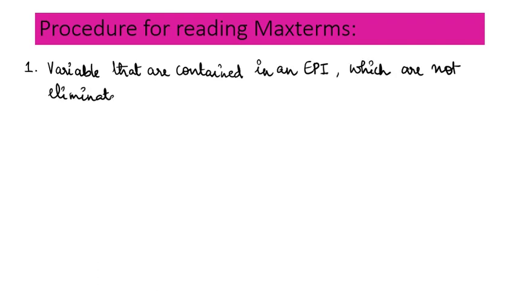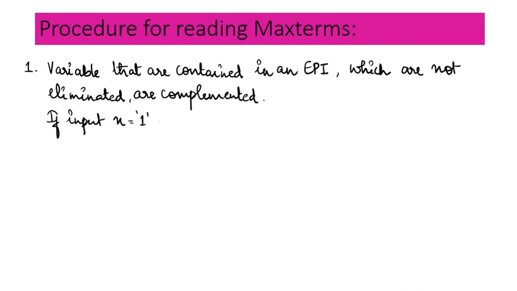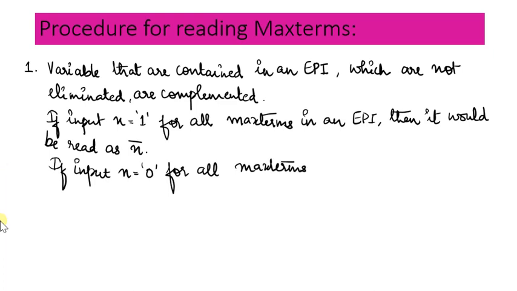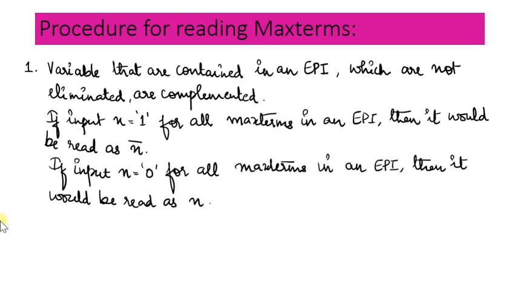For example, if input n is equal to logic 1 for all max terms in an essential prime implicant, then it will be read as n bar, and if the input is logic 0 for all the max terms in an essential prime implicant, it will be read as n.